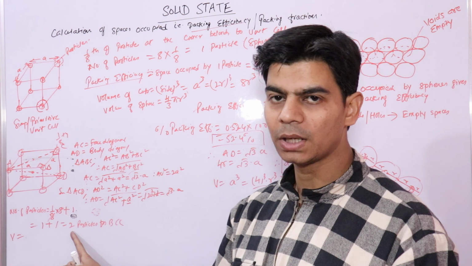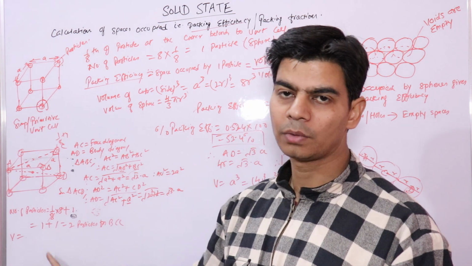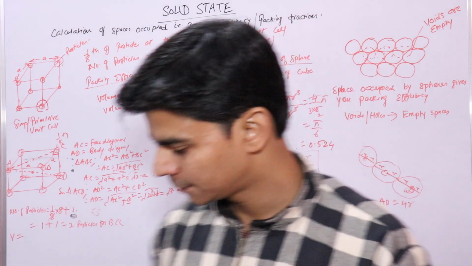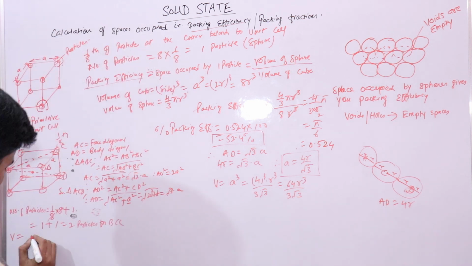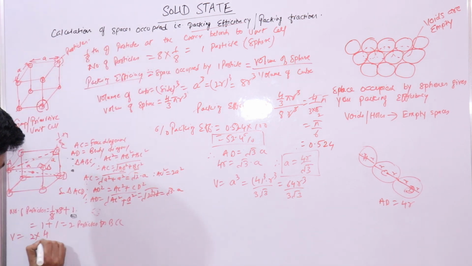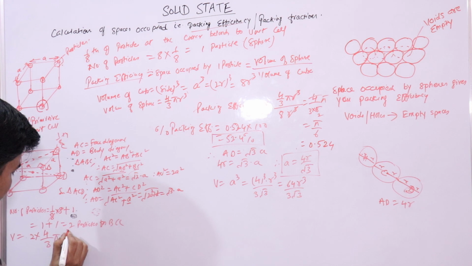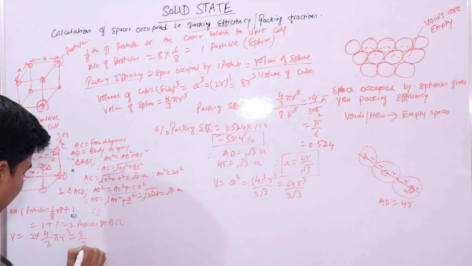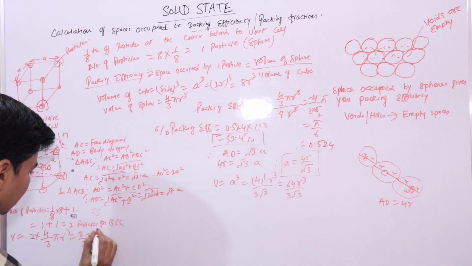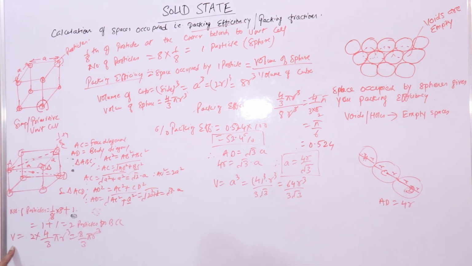So volume of 2 particles would be 2 into 4 by 3 pi r cube, which would be 8 by 3 pi r cube.